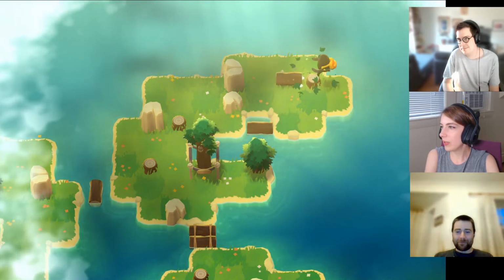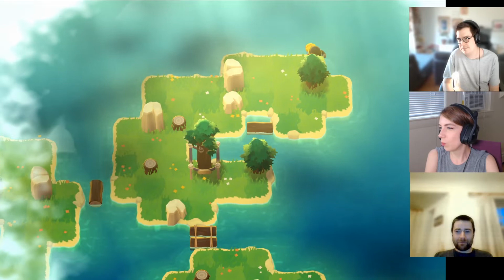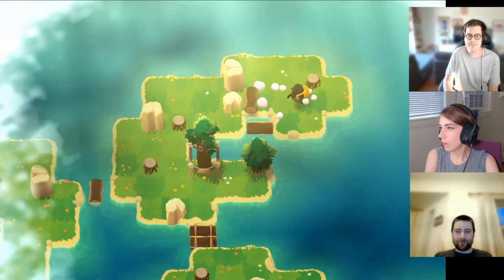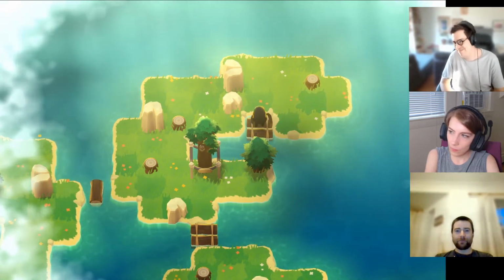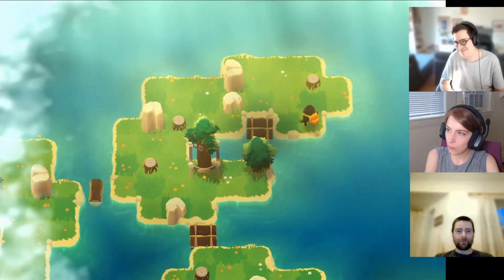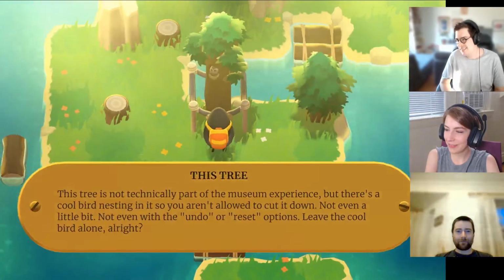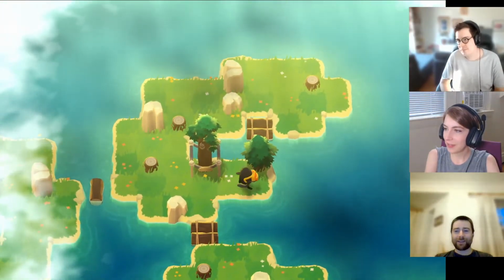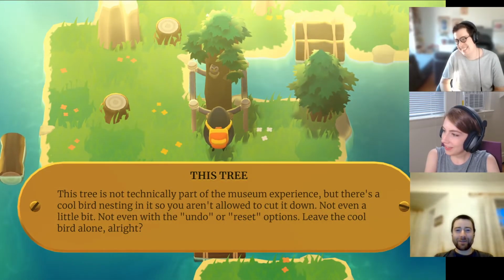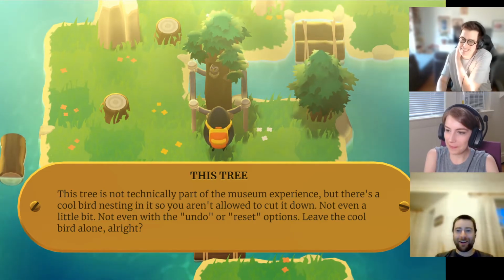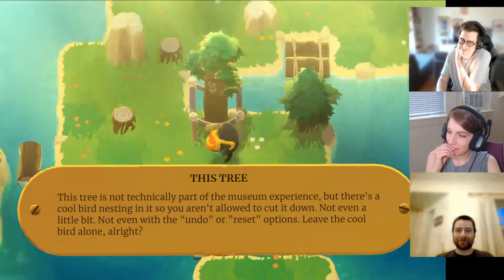There's no way to get this tree other than... Can I cut down the tree with the owl? No. Didn't you read the sign? I don't read, I'm American. You can't. This is the one tree you specifically can't. That's great.